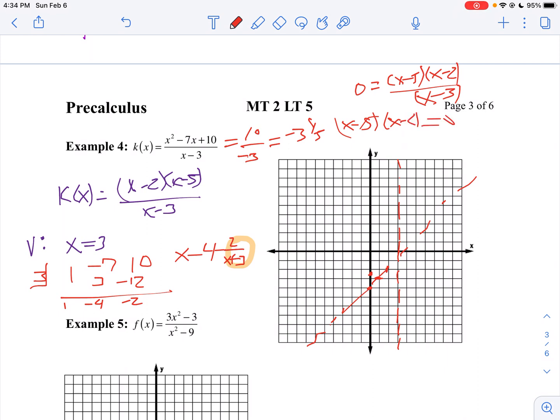So I know my x-intercepts occur at 5 and 2. So I'll plot those. 2, 3, 4, 5. Now I can see, if I place my y-intercept and my x-intercepts, my graph is going to look something like that.